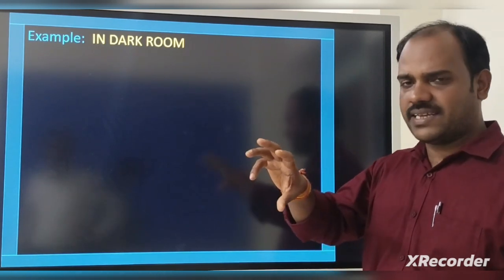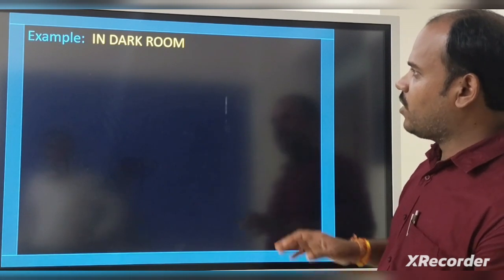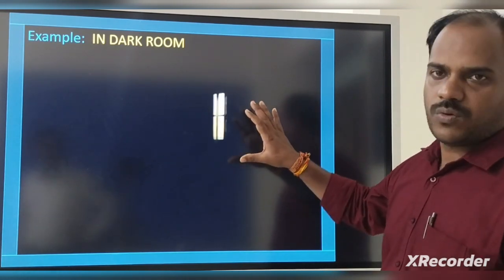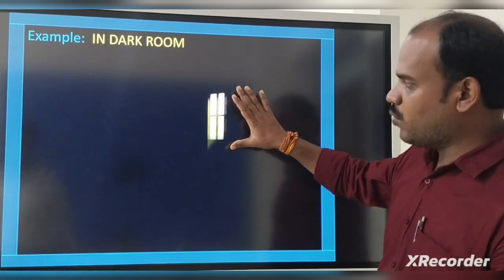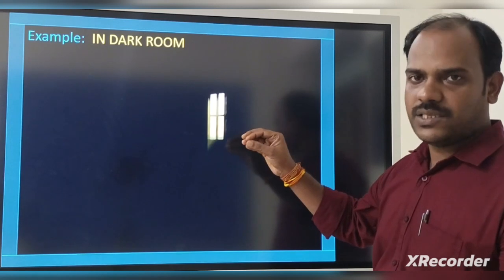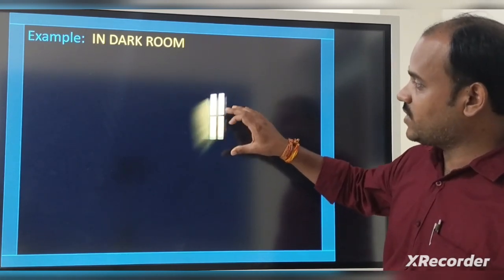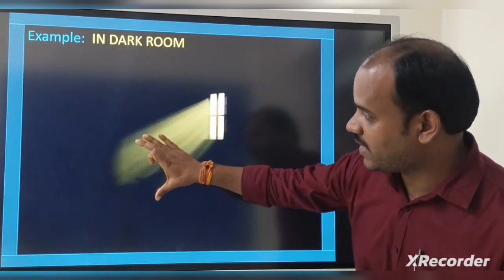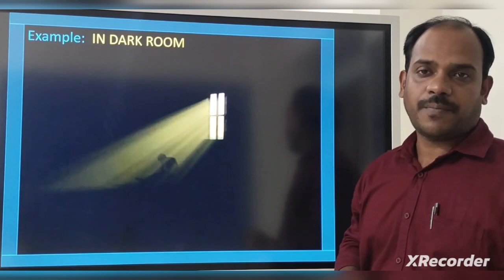As the sun is rising, at that time you see in our home there is a window. If you open that window, the light will come inside the room, and the path of light becomes visible. Why is it becoming visible?